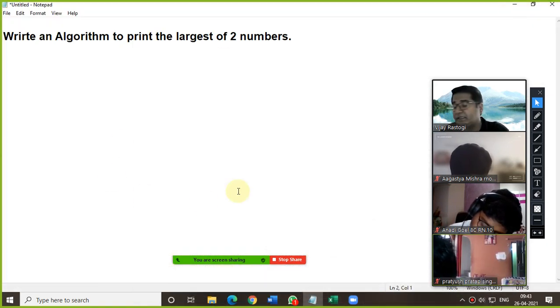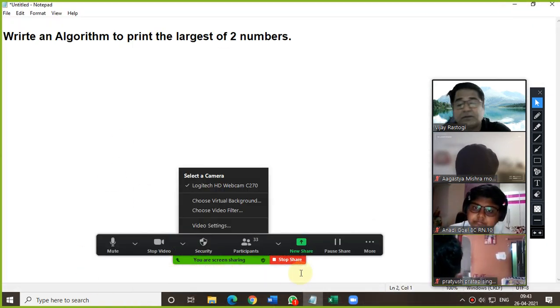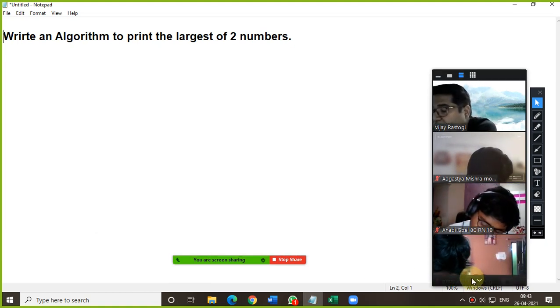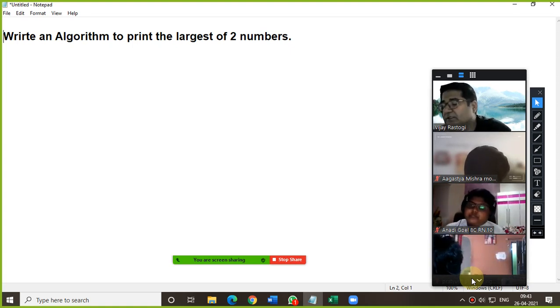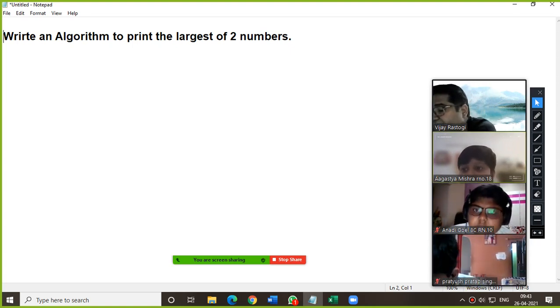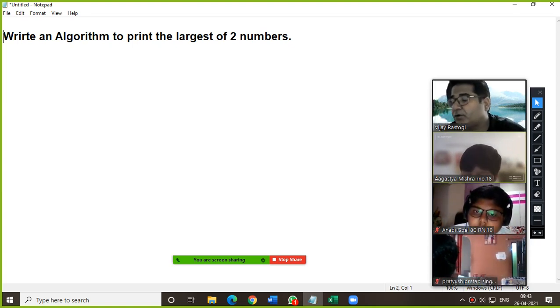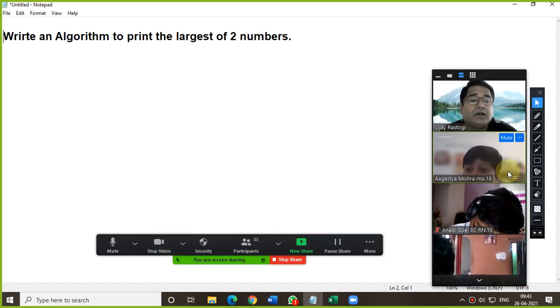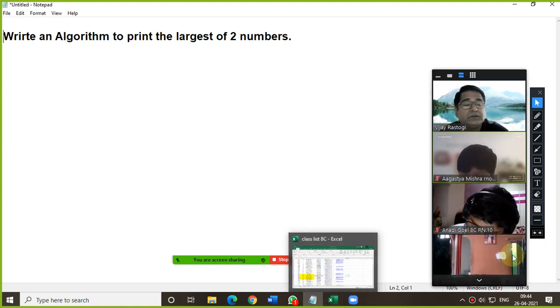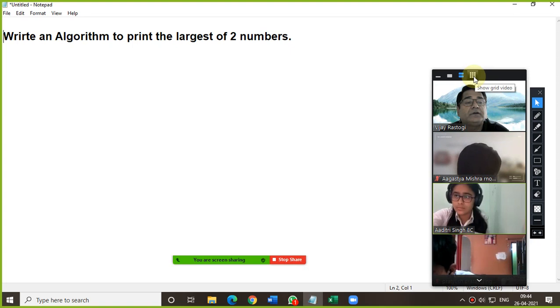Hardik Nagpal is there. Yes, sir. What's your roll number, beta? 19. Okay, Hardik Nagpal. Agast Mishra is there. What's your roll number? 18. Who is before you? 17, Gargi Mahanta. Sir, she's suffering from COVID. Okay, no problem.